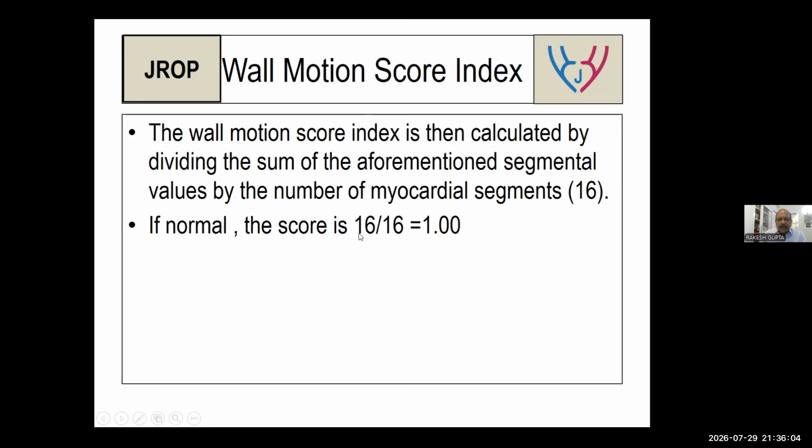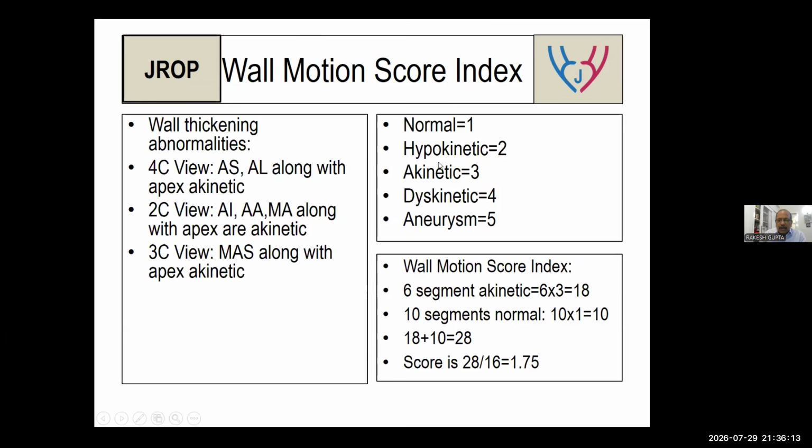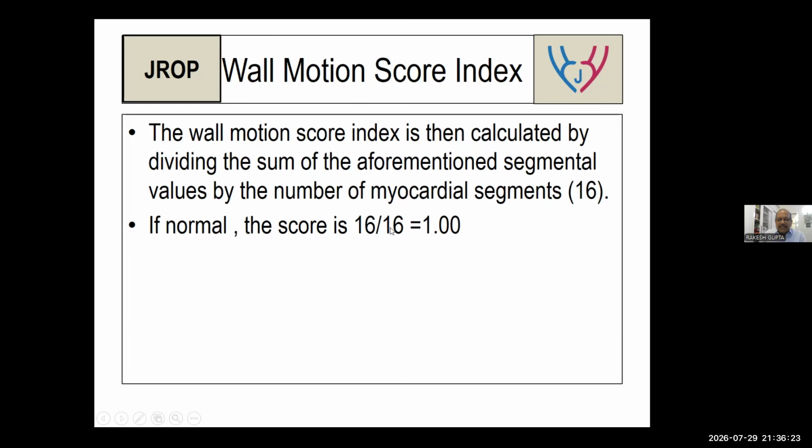Out of 16, 14 segments are normal and 2 hypokinetic segments will give you a score of 4. 2 into 2 is 4, plus 14 will give you 18. 18 divided by 16 will give you the wall motion score index.